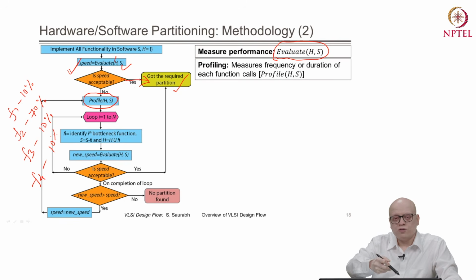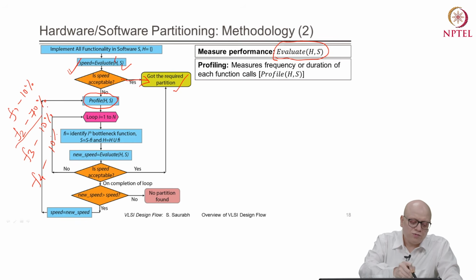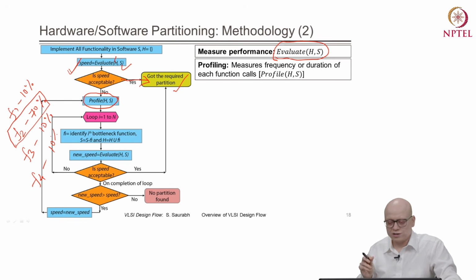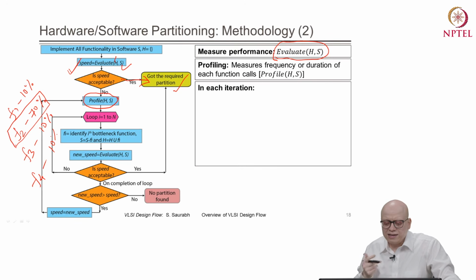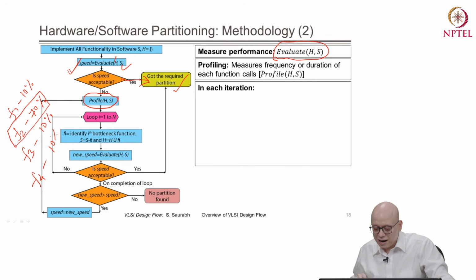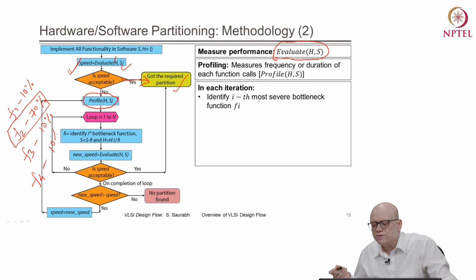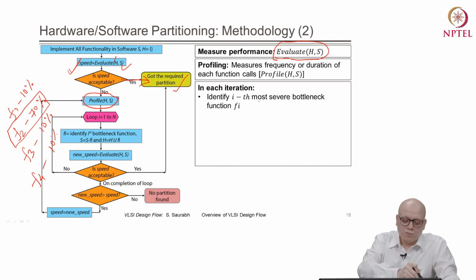Using the profiler information we can identify the bottleneck function. So clearly in this case f2 is the bottleneck function. In each iteration we identify the ith most severe bottleneck function fi, so the first bottleneck function is f2.